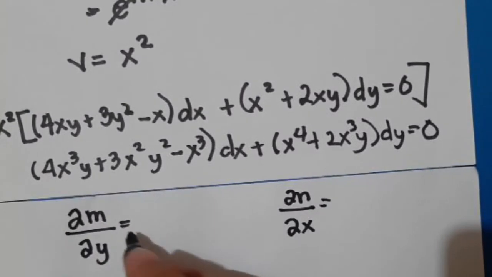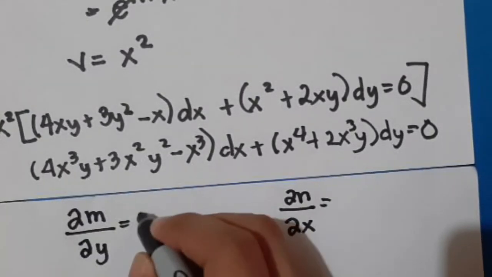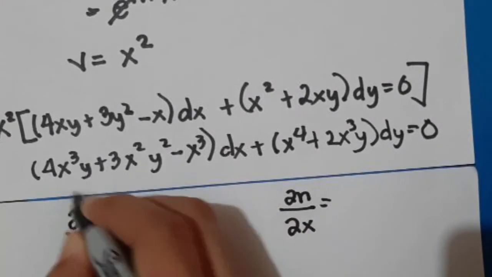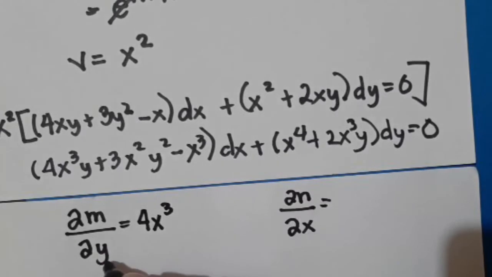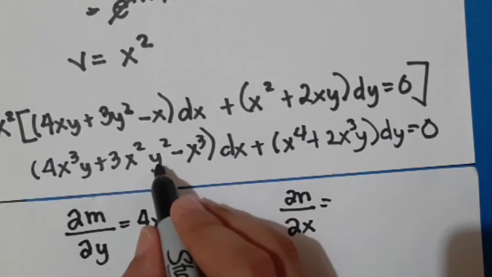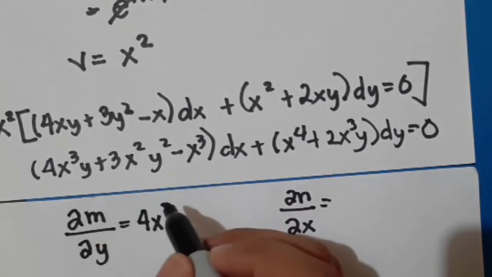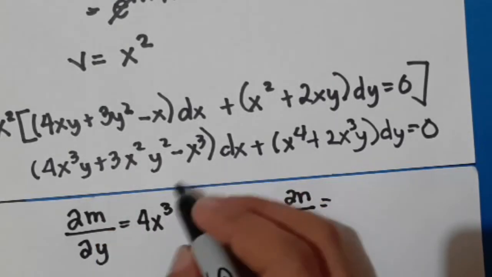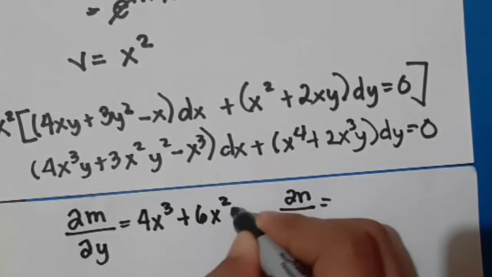So with respect to y again, x cubed is constant, so we just copy x cubed. Since the derivative of y is 1, we have 4x cubed. With respect to y, the derivative of y squared is 2y, and 3x squared is constant, times 2y, simply plus 6x squared y.